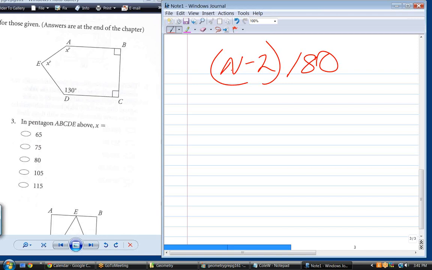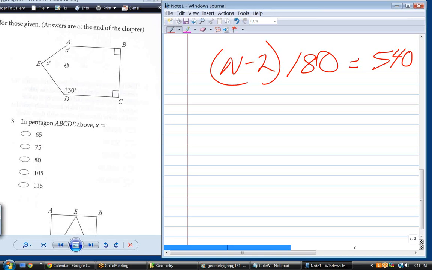What do you come up with? 3. So 3 times 180, which is 540. In other words, every time you pick up a side, you pick up 180 degrees. When I go from 5 to 6, it's going to go from 540 to 720, and so on. So every additional side adds 180 degrees to the sum of all the angles.